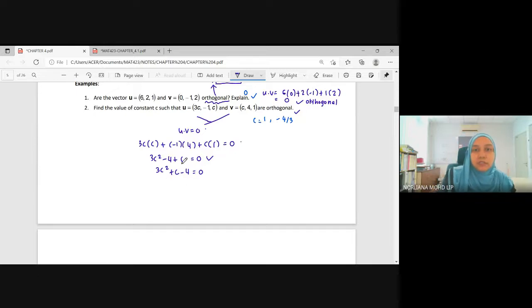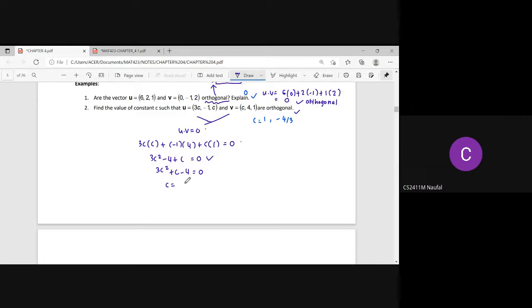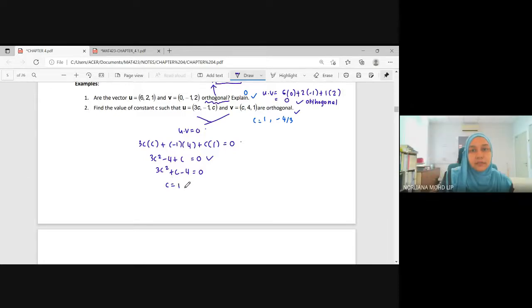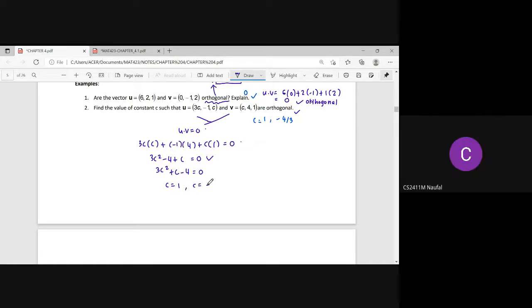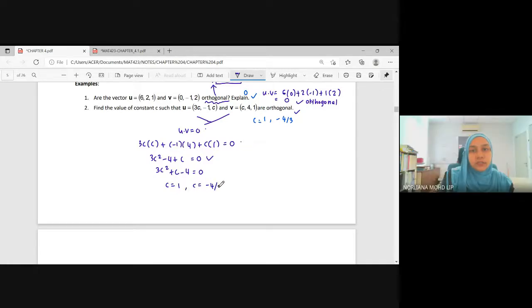Okay, solve this quadratic equation. So C equal to? 1. Okay, 1. And C equal to? Negative 4 over 3.